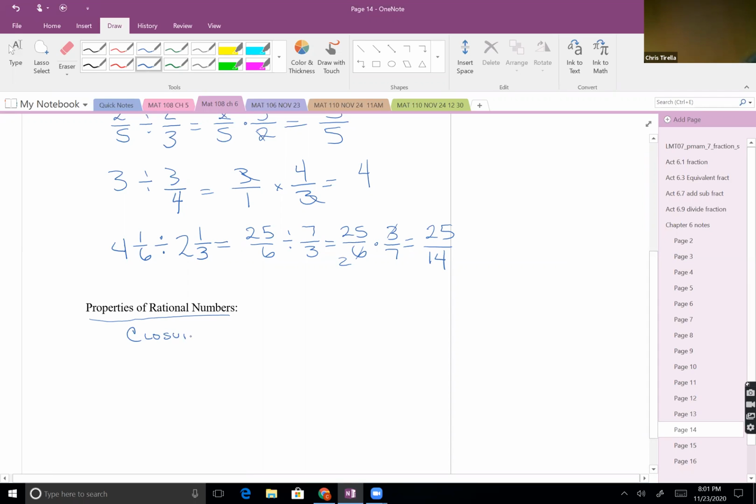They have closure under addition. We had shown that if we add any two general rational numbers, we would get the sum, which is also a rational number. We'll find that the commutative property of addition holds.